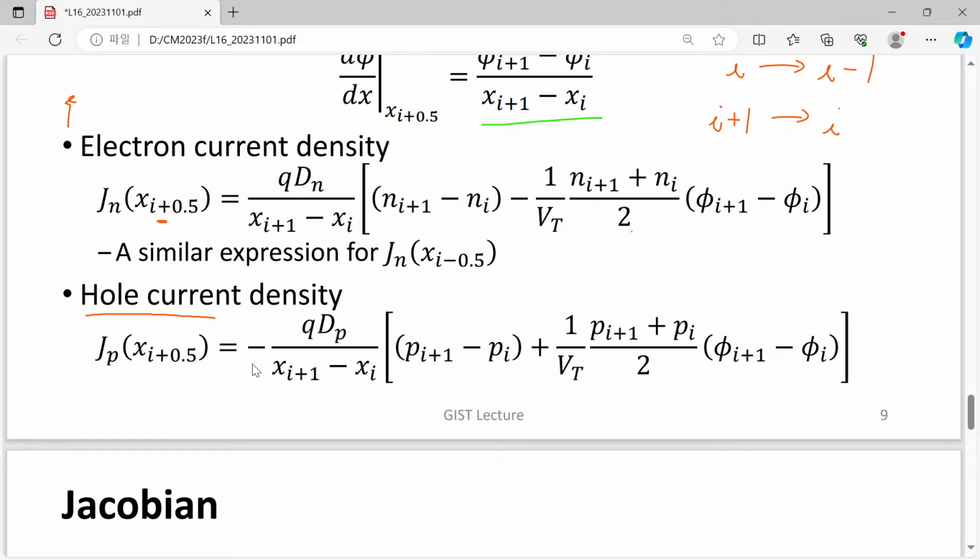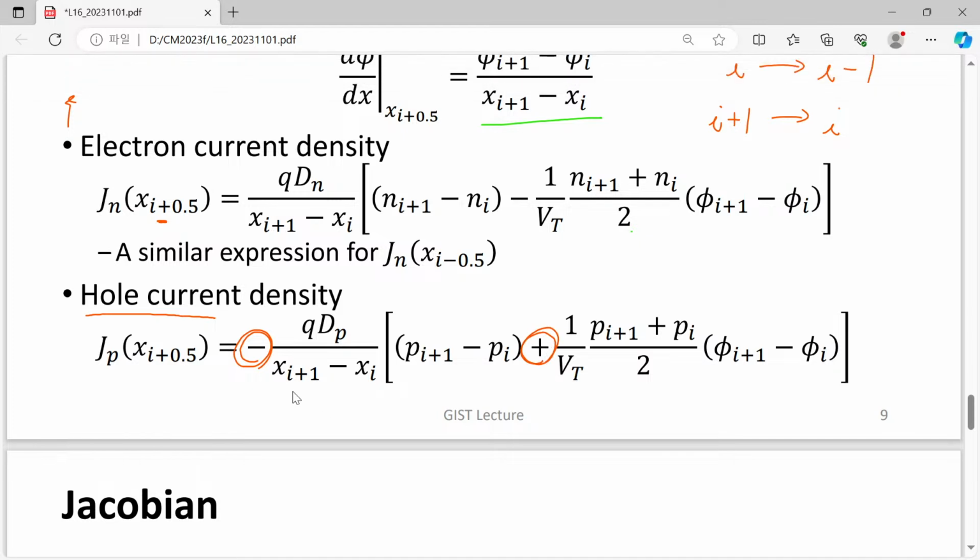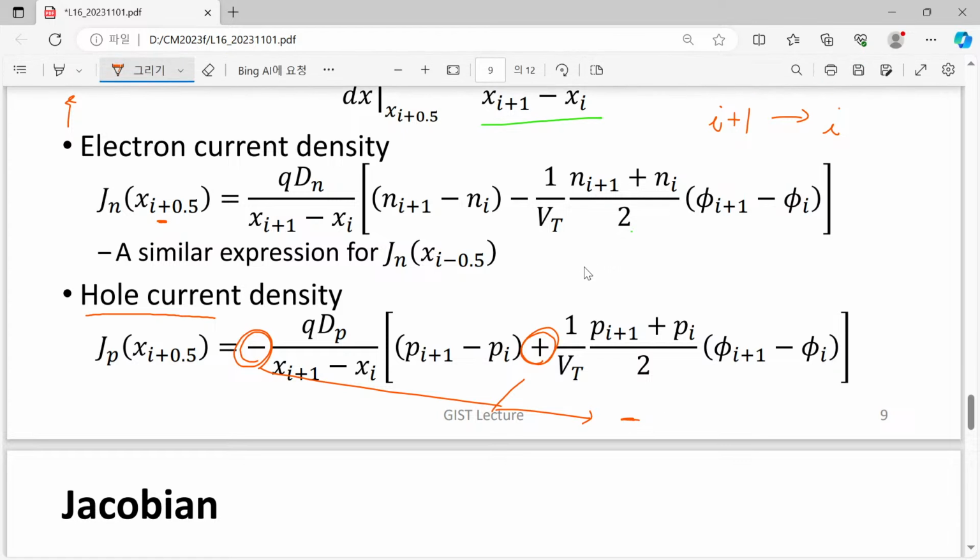Here we have an overall minus sign, and also once again a positive sign, because when we consider these two terms, minus positive, we have an overall minus sign for our diffusion term. Oh, sorry about that, this drift term. Also we have positive and minus, so we also have an overall minus sign for the drift terms.